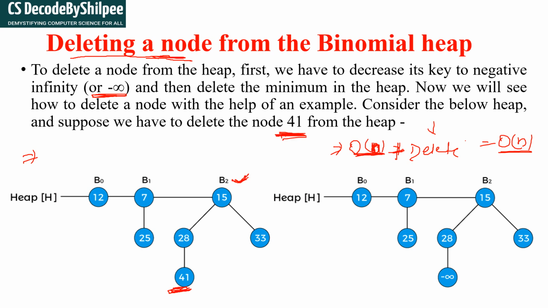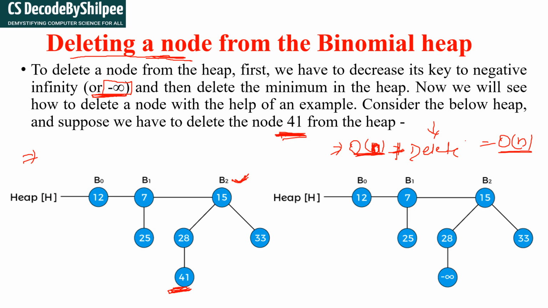And we'll see how much the deletion operation will take. Just now I explained decreasing a key and its time complexity, so same thing: first I will explain how to delete, then later I will explain the time complexity. In the deletion operation, whatever node and value you want to delete, that value is decreased to minus infinity.